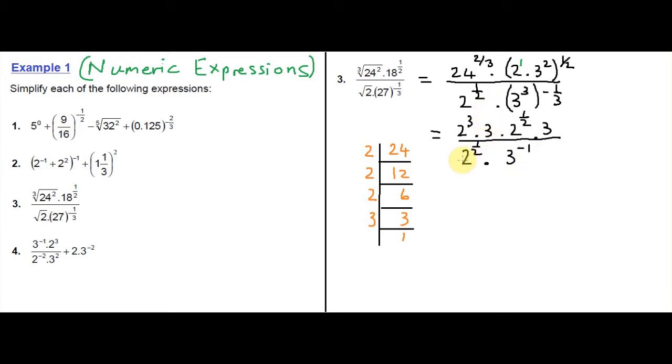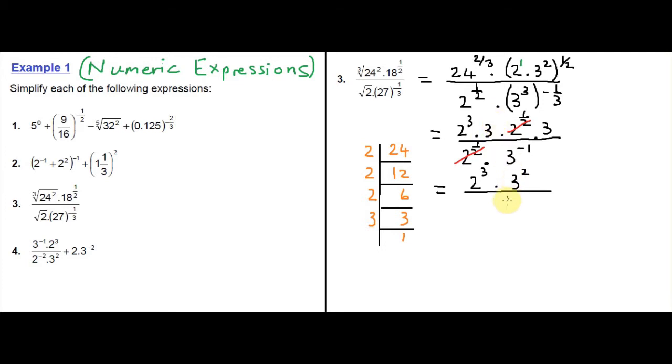Now we can cancel some terms. These will cancel. So we're left with 2 cubed. Then 3 times 3 is 3 squared.